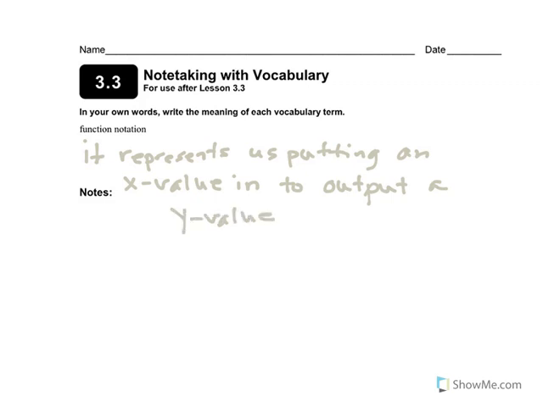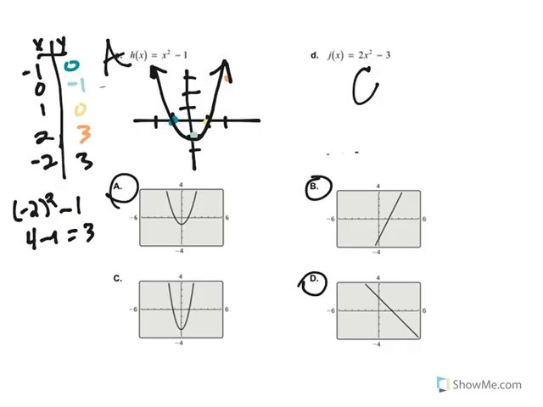Okay? So that's all it is. It's a representation that shows the reader we are putting in an x value and we're getting out a y value. Oh, that's it. Okay, well that was short and sweet.